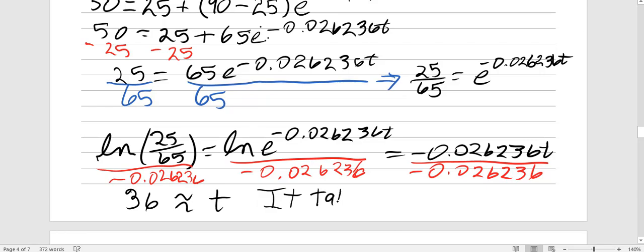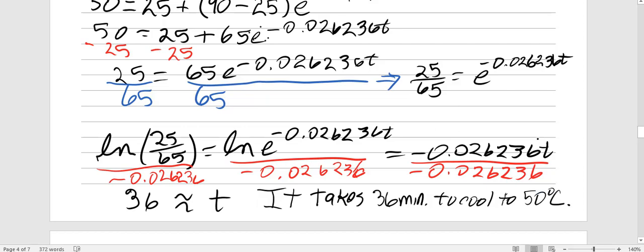So it takes about 36 minutes to cool to 50 degrees Celsius.